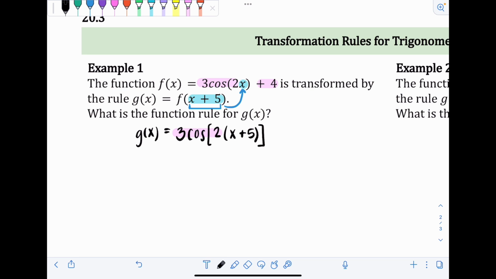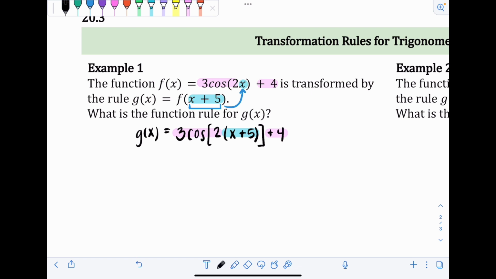Then we'll close out the parentheses and the brackets after the x plus 5, and then that plus 4 will get added to the end. Everything else in the function has stayed the same, the 3 cosine with the 2, and the plus 4 at the end. It's just the x got swapped out for x plus 5.